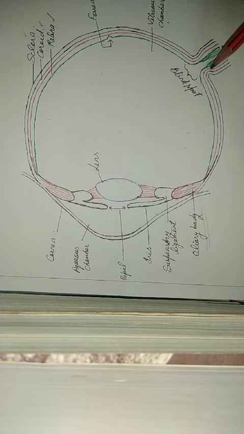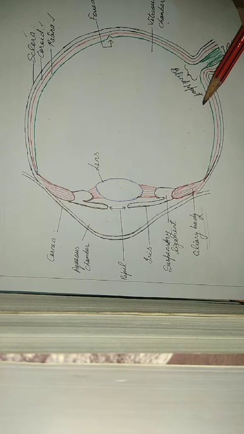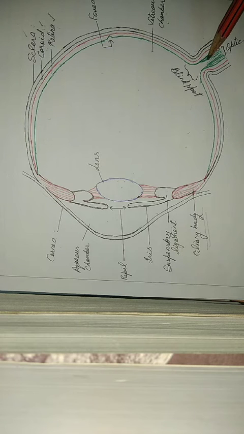The photoreceptor cells, rod cells and cone cells, have a light sensitive pigment known as photopigments or visual pigment.